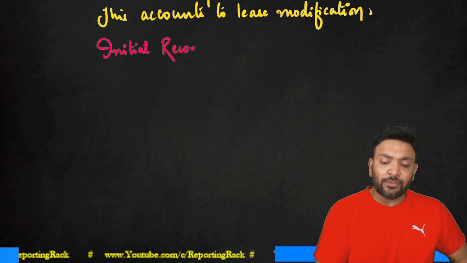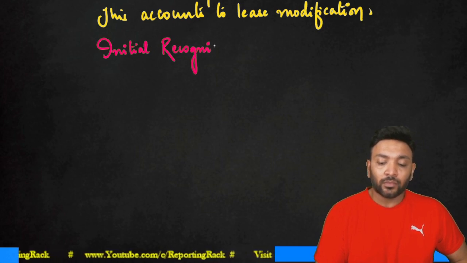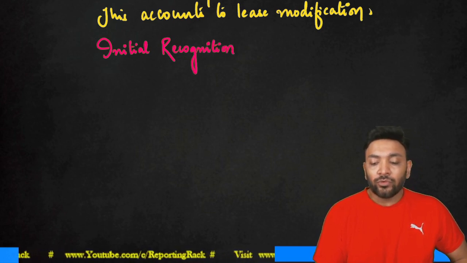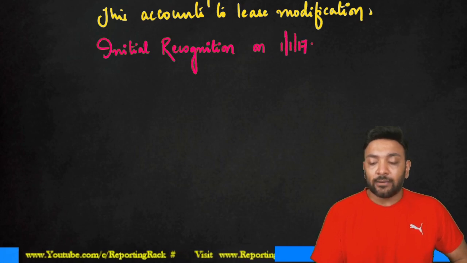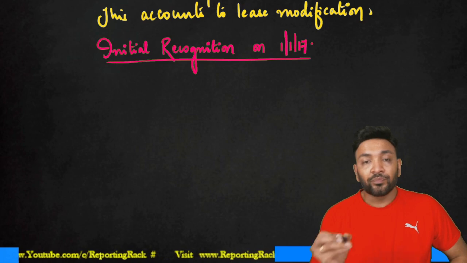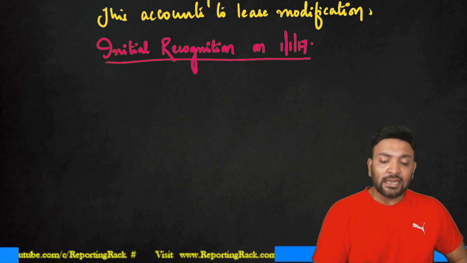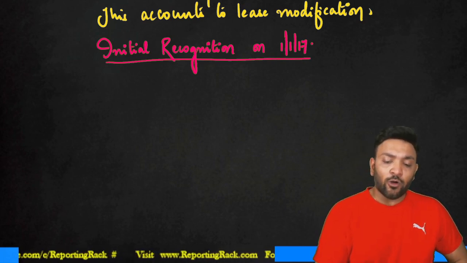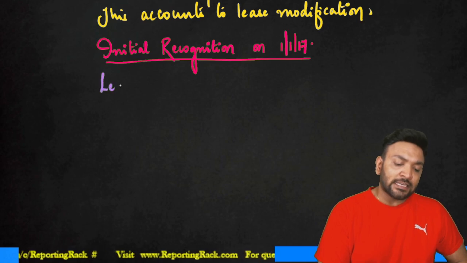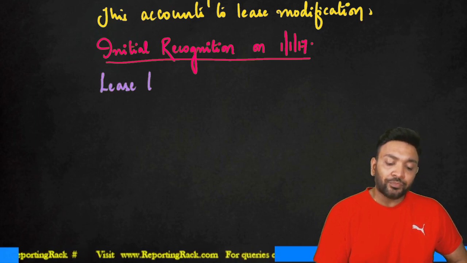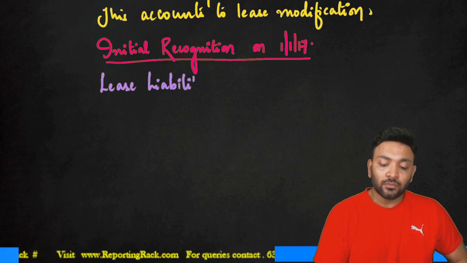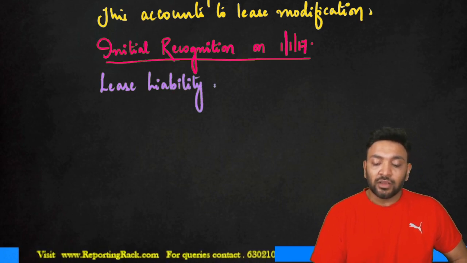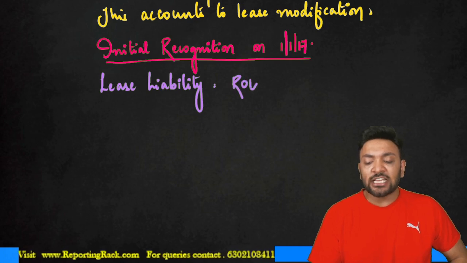Initial recognition on 1st Jan 2017. On that day, the value of lease liability is equal to the value of ROU asset.